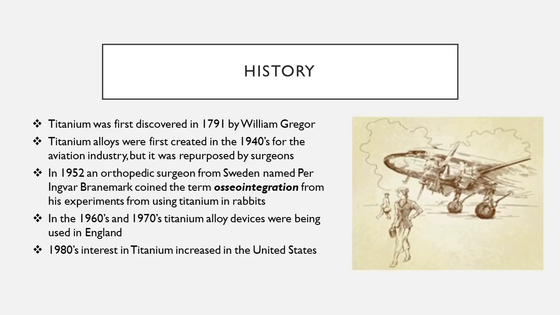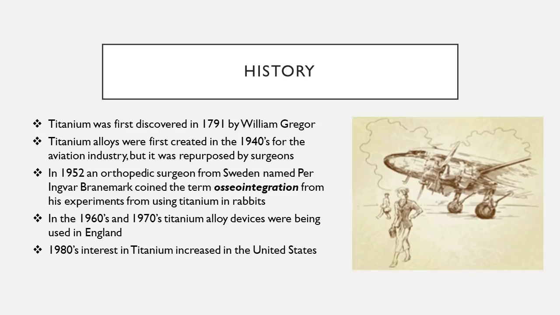And I think I even remember telling this story in the very first week one lecture, the introductory lecture of biomaterials this semester. But in 1952, there was a Swede by the name of Per Ingvar Brånemark who coined the term osseointegration. So he had done studies in these poor rabbits where he was making screws made out of titanium. And I think he wanted to test the durability of screws in different alloys. And after trying to take out a particular titanium screw, he found that it had fixed into the bone and created this hardened interphase between the two phases.